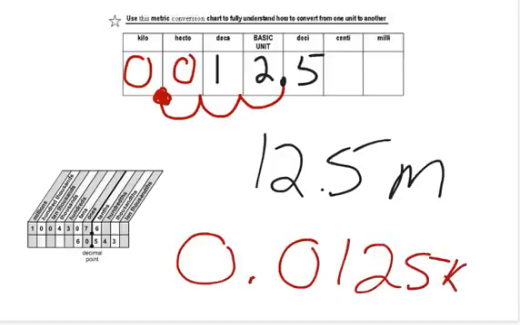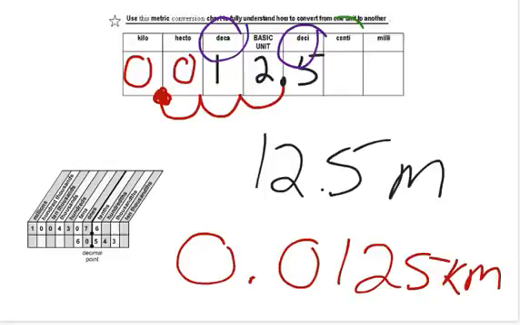So the dot will go here. And I add the zeros that are missing. Now I know that 12.5 meters is equal to 0.0125 kilometers. Pretty small when you look at that. Okay, so that is how you can use the chart.